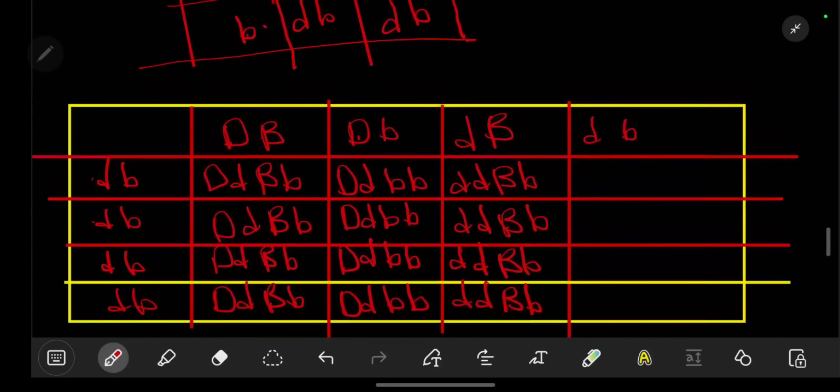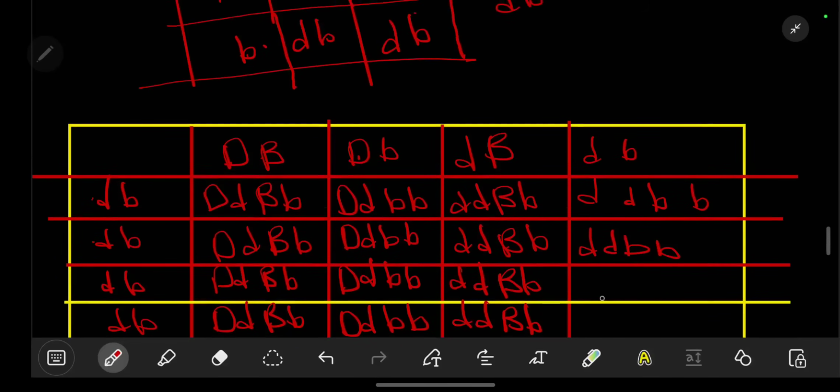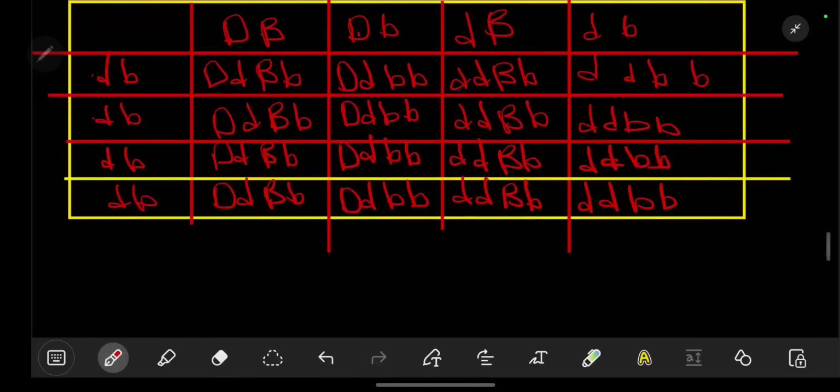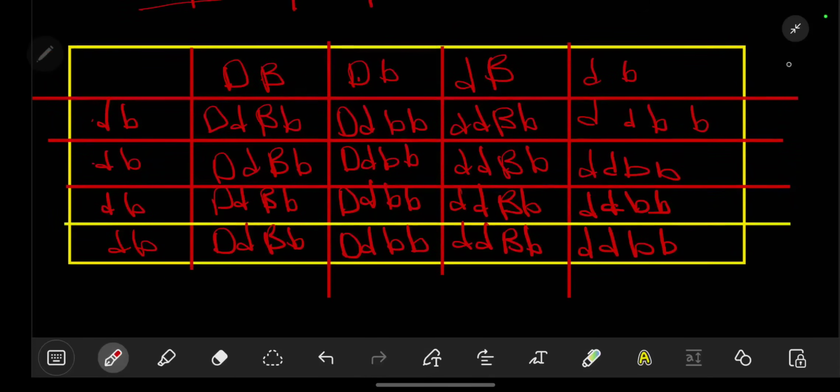Last but not the least, we have our D, small d, our B, small b. So we are just using D, small d, B, small b again and again, like that. So this is what we have for that problem.